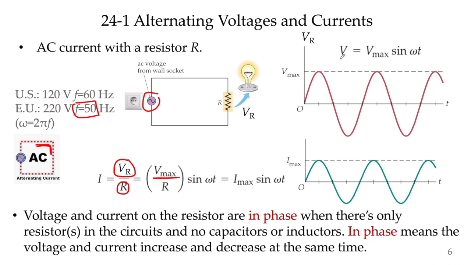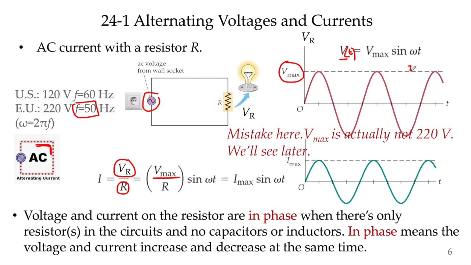So I can write it as the maximum voltage. So let's look at here, the voltage at any time. This is a function of time. Okay, so the voltage at any time will be the maximum value, which is this number. So let's say if you're in Turkey, it's going to be 220 volts.